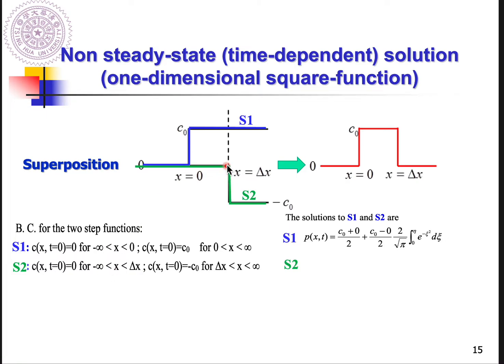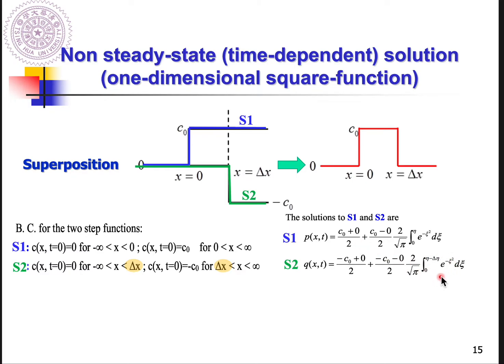If x is smaller than delta x, the concentration equals 0. If x is larger than delta x, the concentration becomes minus C0. So the solution for this one is (minus C0 plus 0)/2 plus (minus C0 minus 0)/2 times the error function of iota.